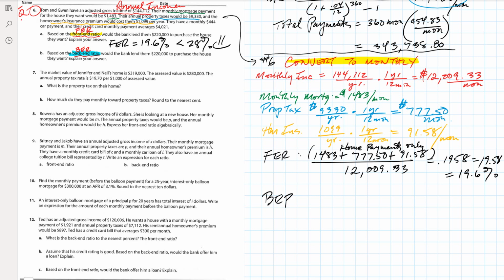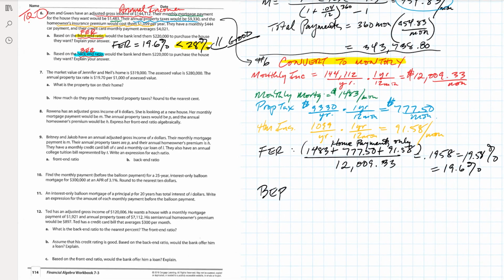If you're over 28%, you don't satisfy the requirement and you do not get the loan. This is good. That's why I gave it a happy face. You have to be less than 28% to satisfy the bank requirements for the loan. Otherwise they will not lend you the money because you are a risk.